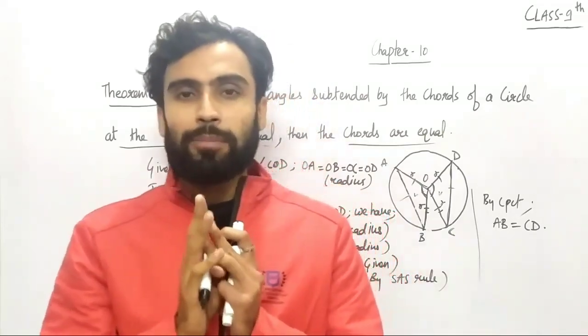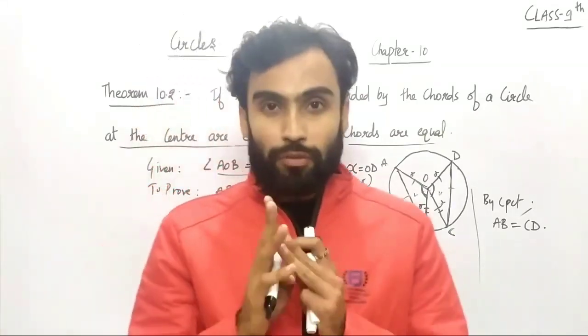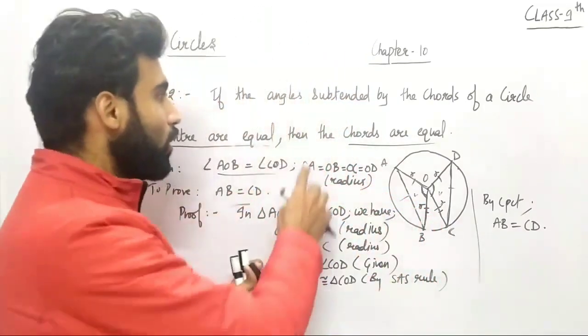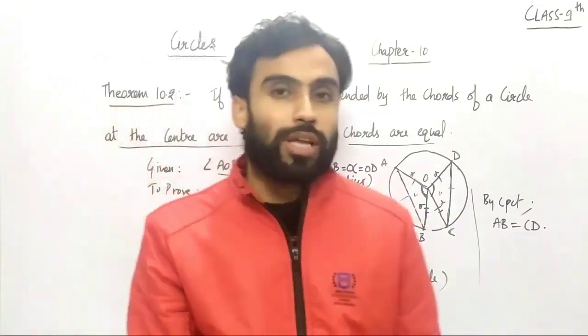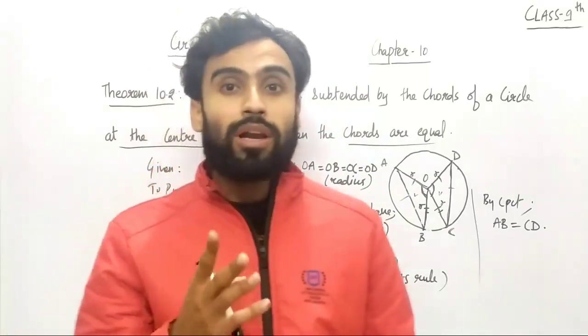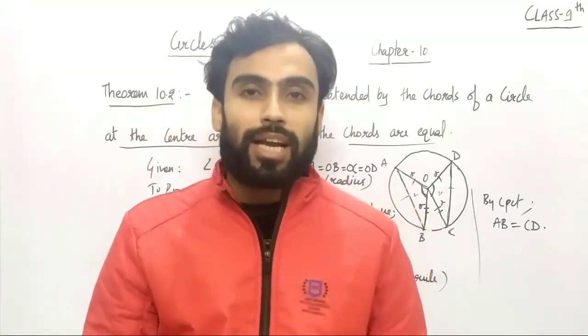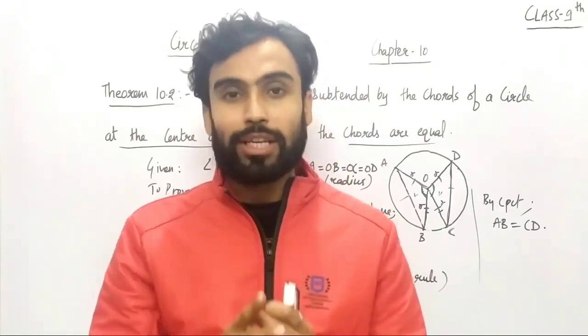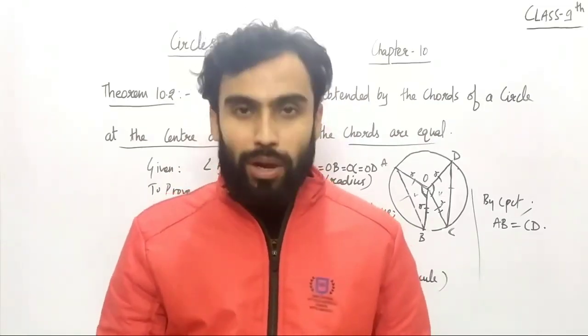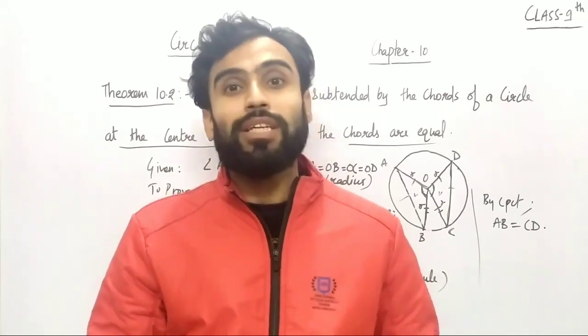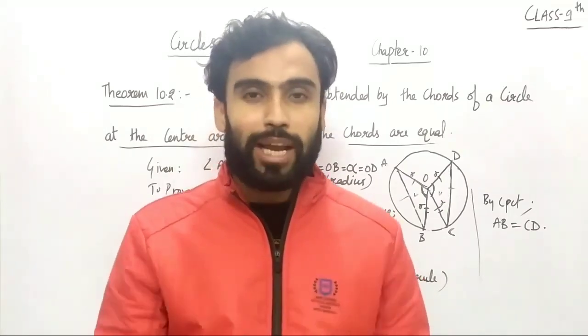So the first theorem, let me just recall that. So what was the first theorem that I have told you, which is the converse of this theorem? So that theorem says that equal chords of a circle subtend equal angles at the center. So उस theorem में हमें given था कि chords जो थी वो equal length की given थी. That means कि जो equal chords होती है वो center पे क्या angle बनाएंगी?